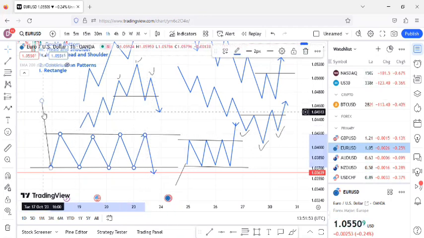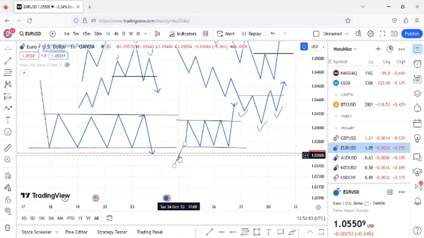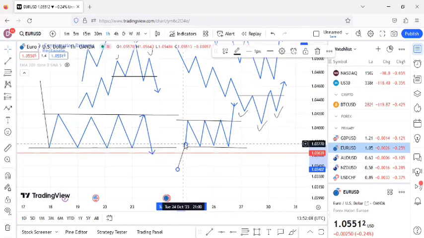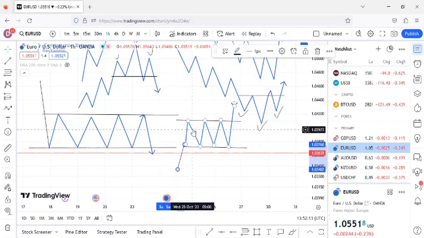You're coming from a downtrend. Break, your entry, your stop loss. You are coming from an uptrend. You meet a rectangle.